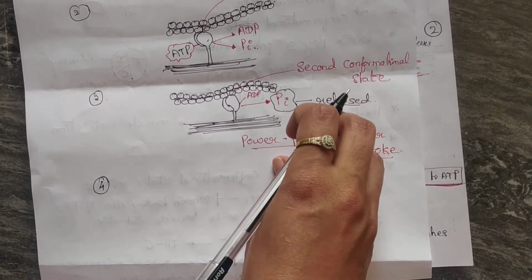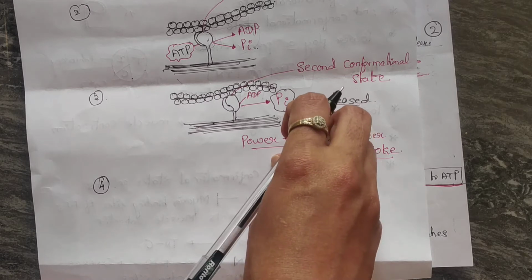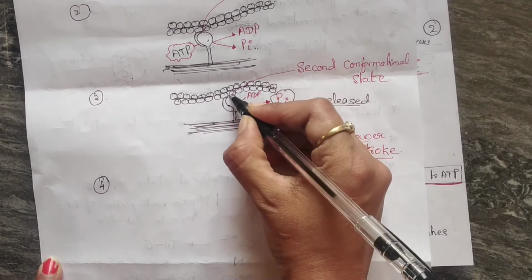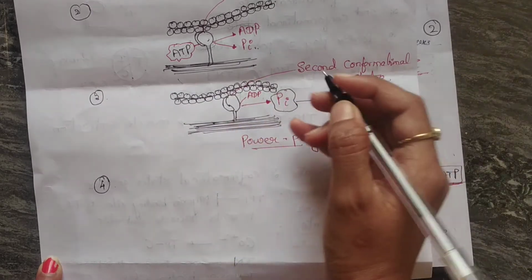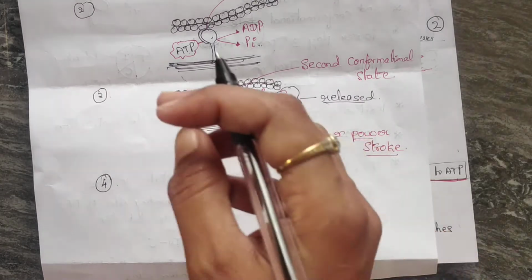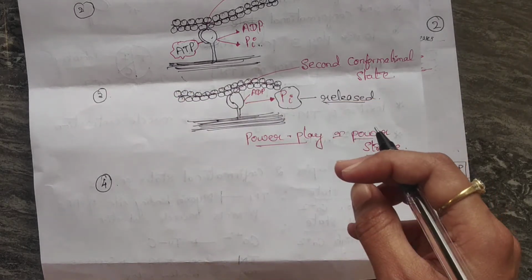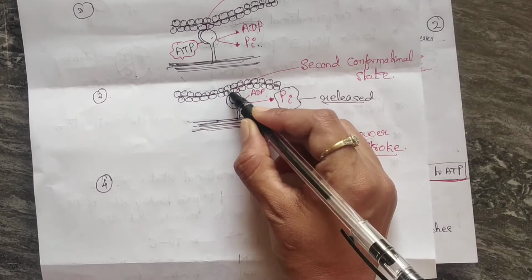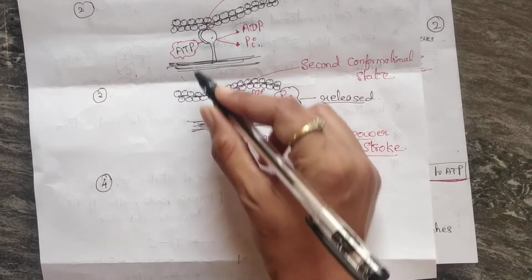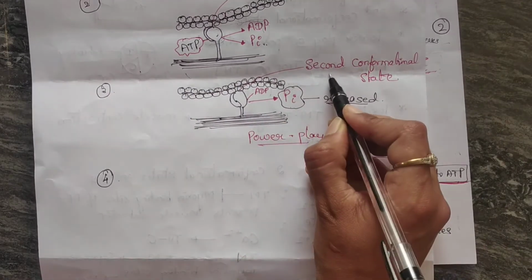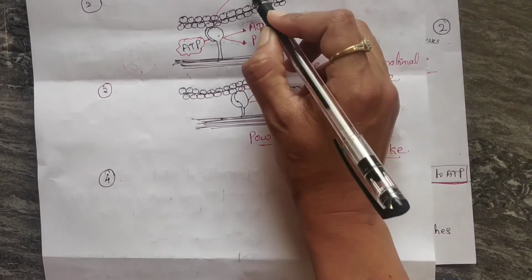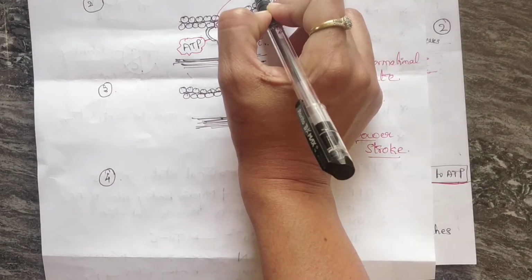This release of inorganic phosphate again brings a conformational change in the myosin head, which helps the myosin move mechanically along the actin filament from the first conformational state to the second conformational state.